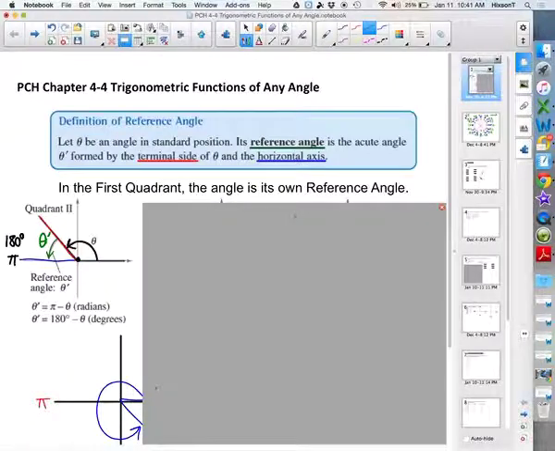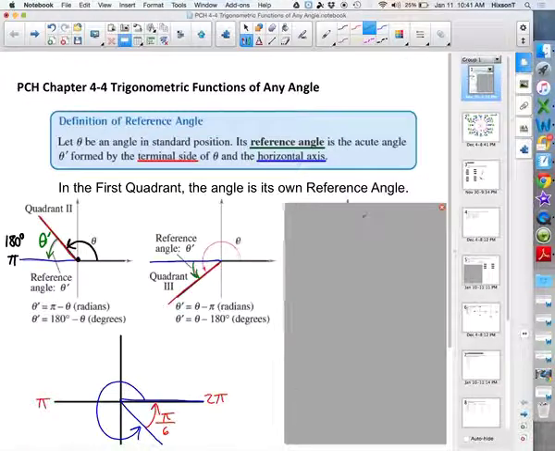In the third quadrant, okay? In the third quadrant here, you'll notice our original angle here goes past pi over 2, past pi, and then it ends up down here in the third quadrant, okay?